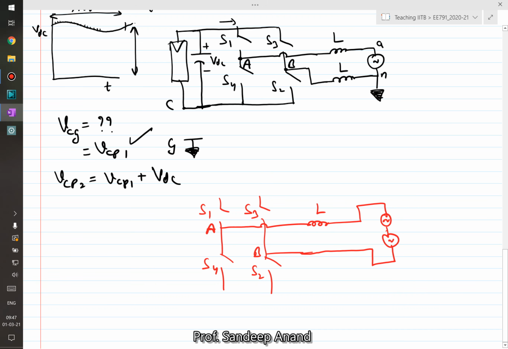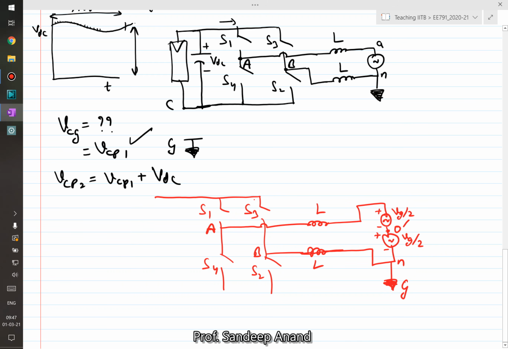Nothing changes, it's just fictitious, and let me call this point O prime, where this is VG by 2 and this is also VG by 2. The grid voltage sources are series connected anyway, and nothing is connected to the midpoint, so everything remains the same. Only for the analysis I have shown it as a series combination of two half voltage sources, and there's an inductor L, and this is the neutral, which is connected to the ground.